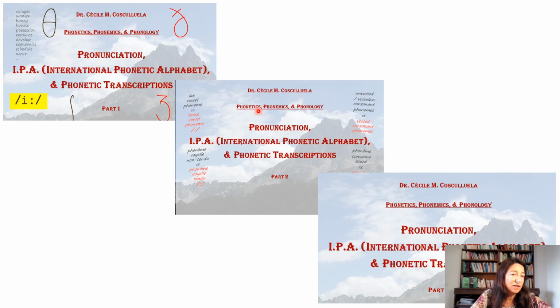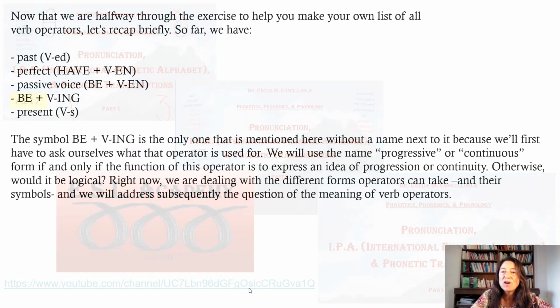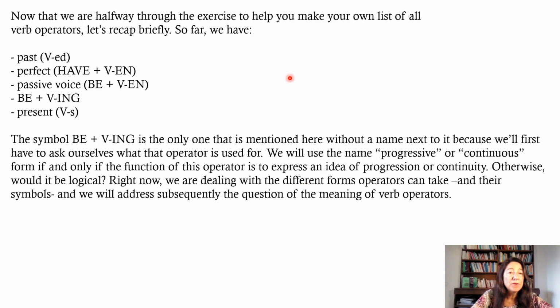The second video is a presentation of the International Phonetic Alphabet, and there are more details in the third video, which is also about different resources that you can use to improve your pronunciation. And that's all on the YouTube channel ESL Academy that you can find at this address or just by typing the keywords. Okay, let's go on to the next step.